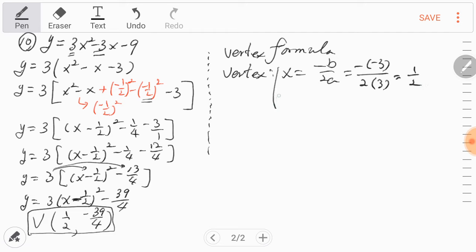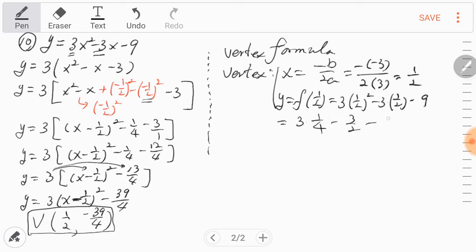How about the y coordinate? The y coordinate is what? f of 1 over 2. So 3 times 1 over 2 squared minus 3 times 1 over 2 minus 9. Then that is equal to 3 times 1 over 4 minus 3 over 2 minus 9.